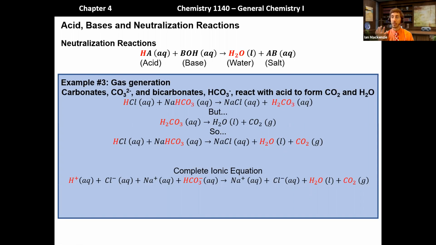Water's a liquid, CO2 is a gas, they don't break up. We now can identify any spectator ions, and the chloride ion and the sodium ion are spectator ions here, so we cancel them out, and our net ionic equation simply becomes the proton plus the bicarbonate ion producing water and CO2.